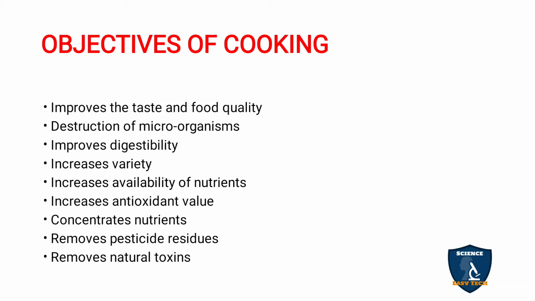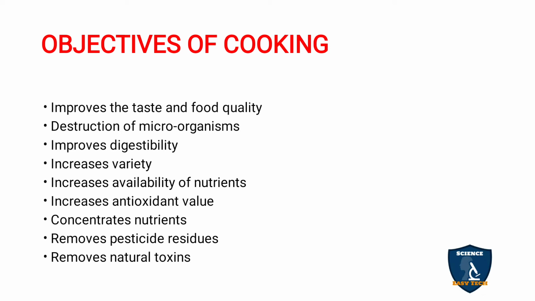So what are the objectives of cooking? Why should the food be cooked? It improves the taste and food quality, destroys microorganisms, improves digestion, and increases variety. So from the same ingredient you can prepare many food items. For example, if you are taking chicken, you can prepare chicken kadai, fried pepper chicken, like that.